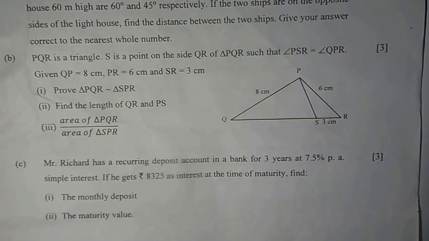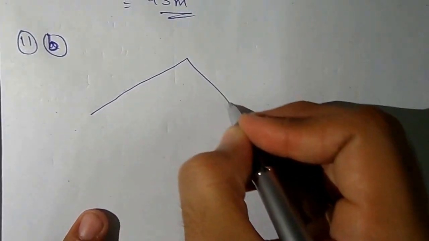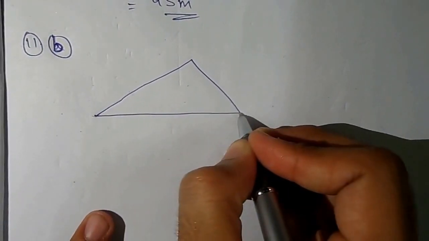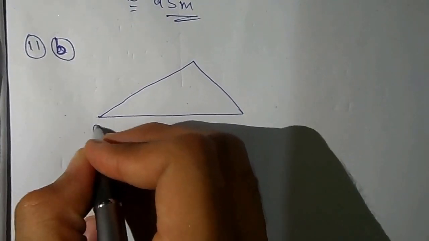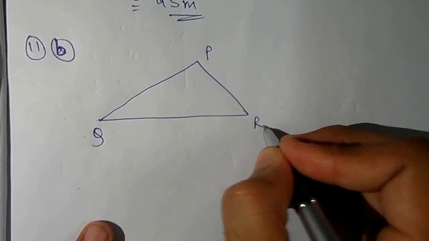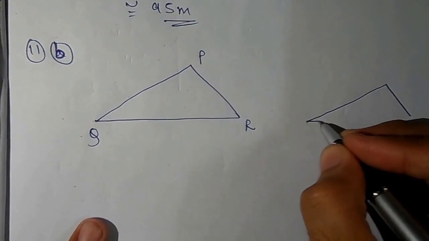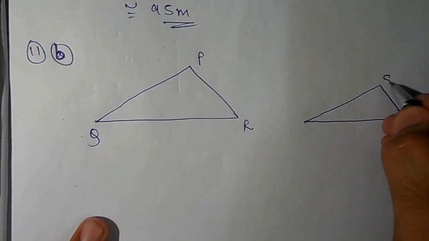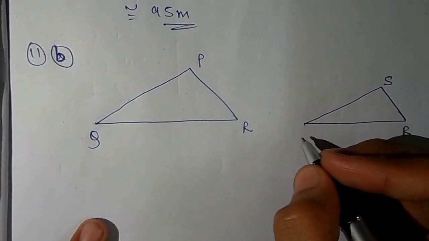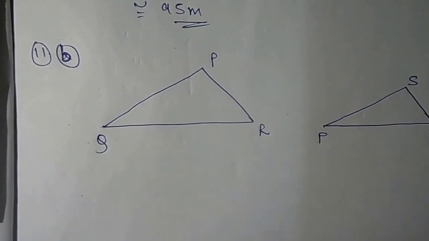So let's start. So let's make the triangles. This is the first triangle, triangle PQR, and the second triangle will be triangle PSR or SPR, anything.